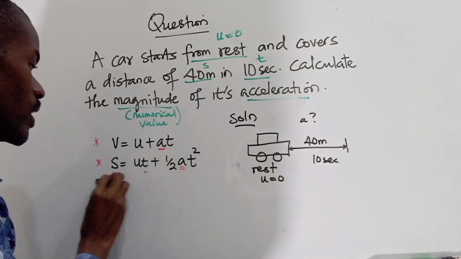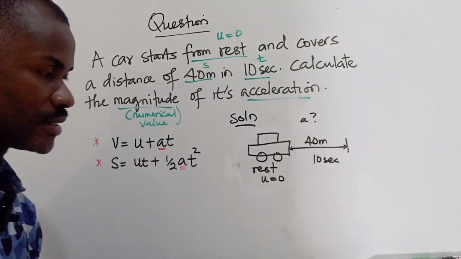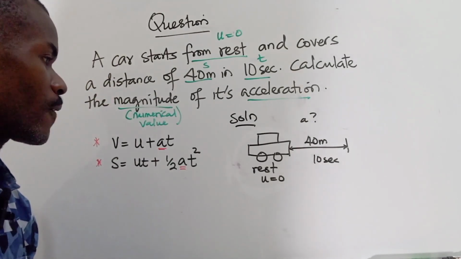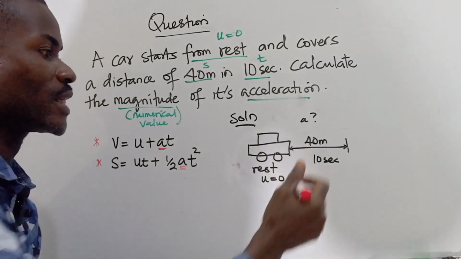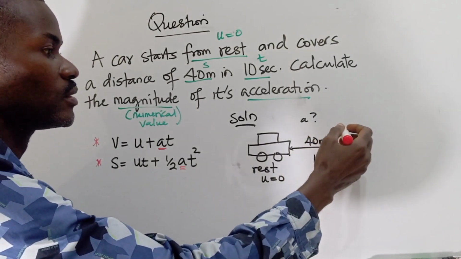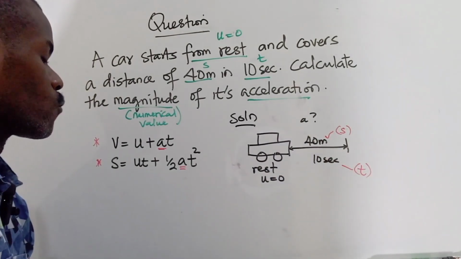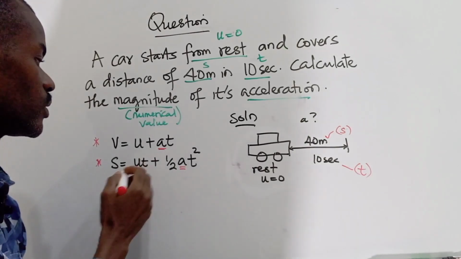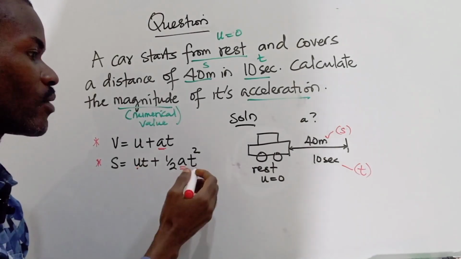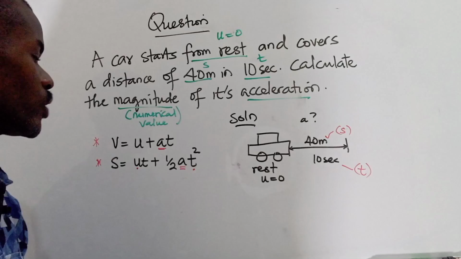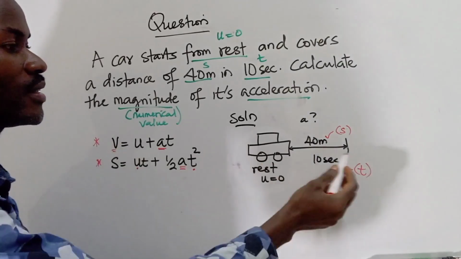So this is actually out. Now the next thing is to look at the given parameters. From the question, we are given S, which is this. We are given T, which is the time. We are given U here. But if you look, we don't have our final velocity.